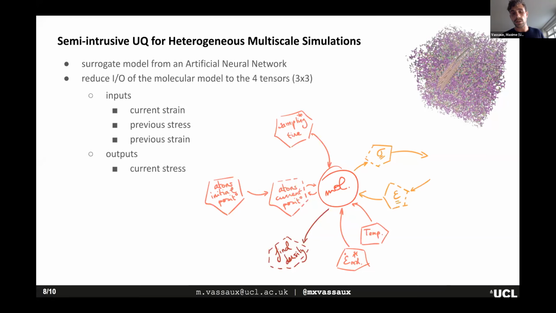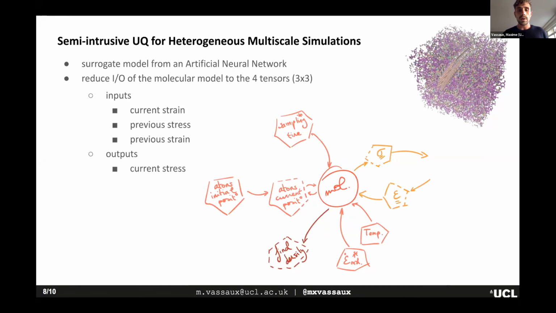And then there's a couple of other parameters, typically the temperature, the strain rate, the input strain that is fed by the finite element, and the output stress, which is the result that we would like to predict. So we didn't want to bother too much with building a surrogate that was able to consider all of these inputs.